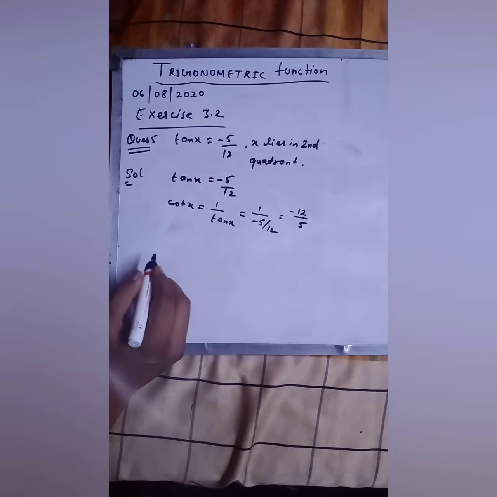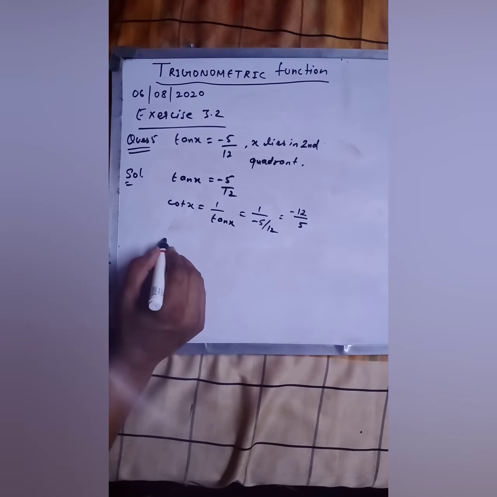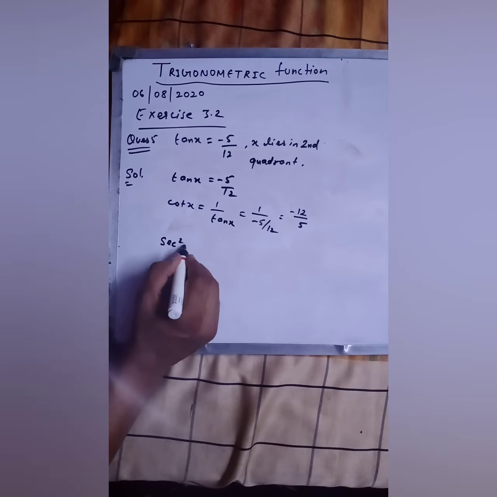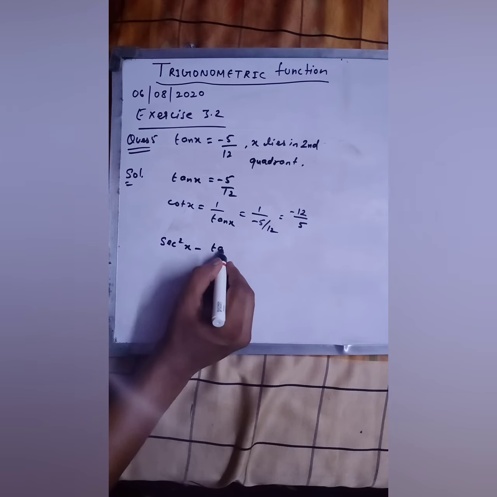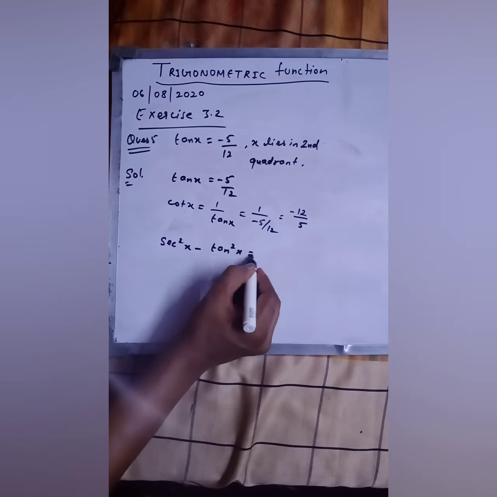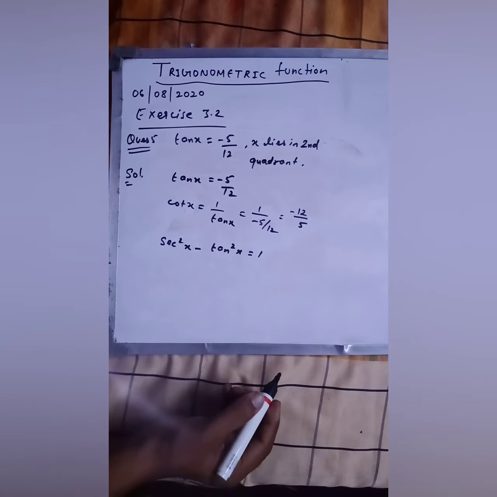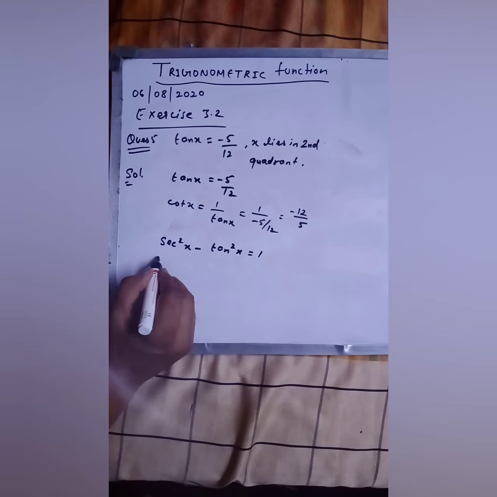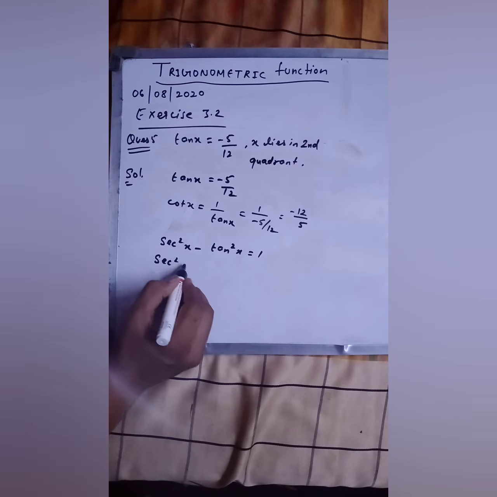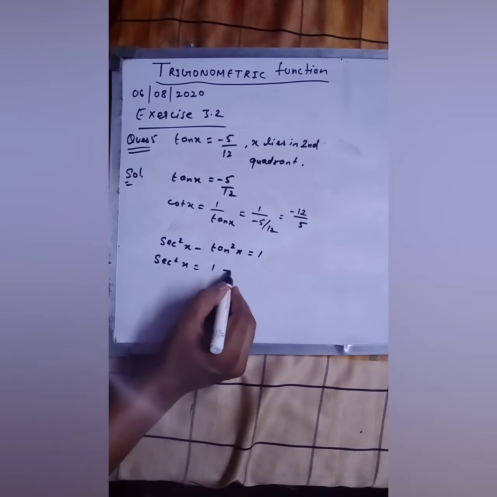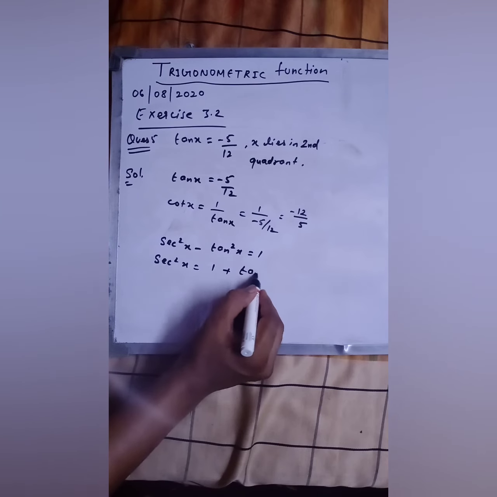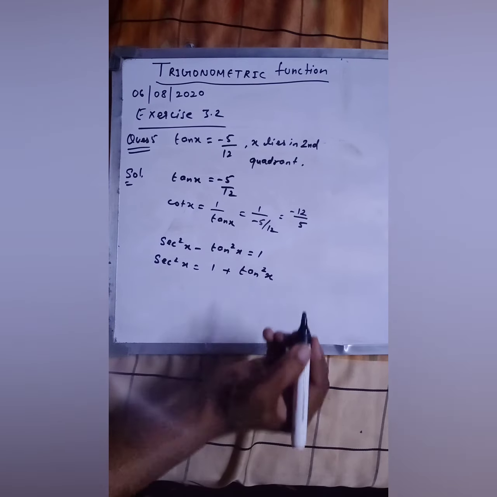As you know that in your 10th standard you have done this formula, sec square x minus tan square x equals 1. Fine. So here sec square x is equals to 1 plus tan square x.